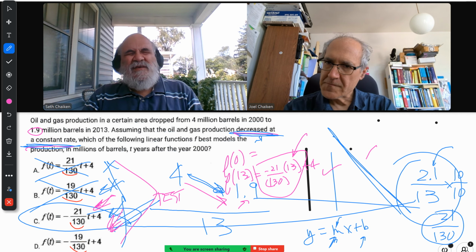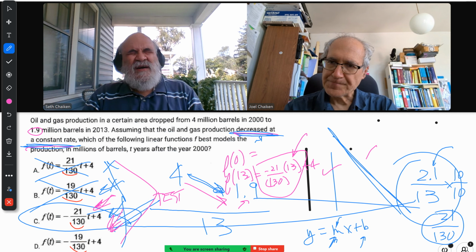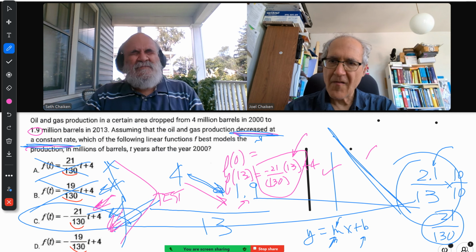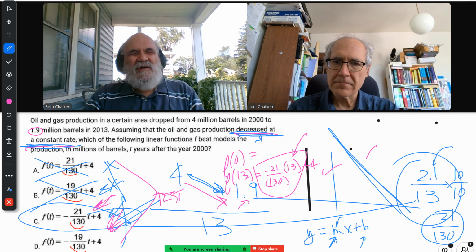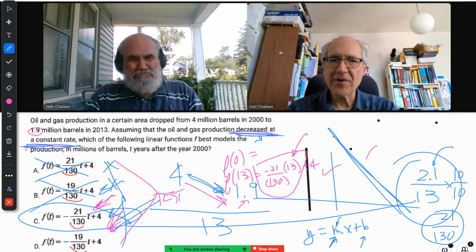As I always say, the main idea is translating a linear rate situation from words into a formula. Yes, that's what they want you to know how to do.